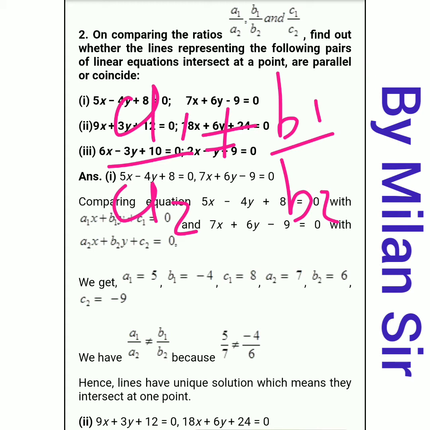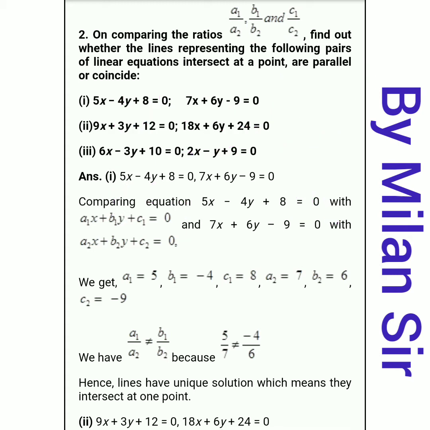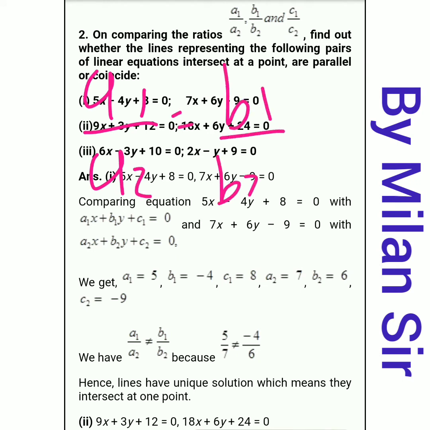But if we get A1 upon A2 equals B1 upon B2, then we find our third ratio, C1 upon C2.